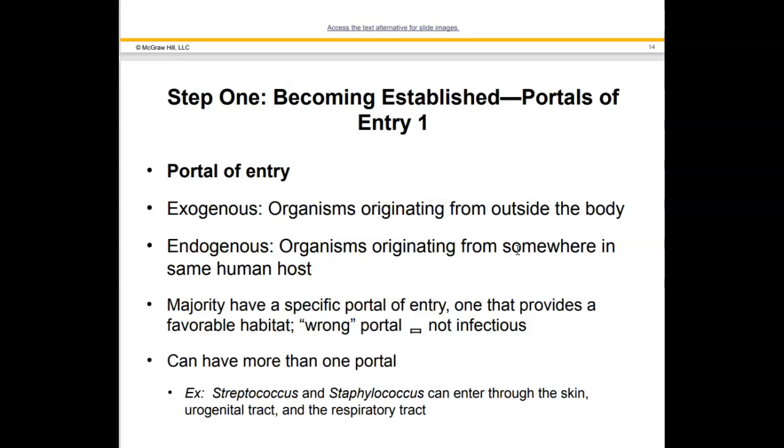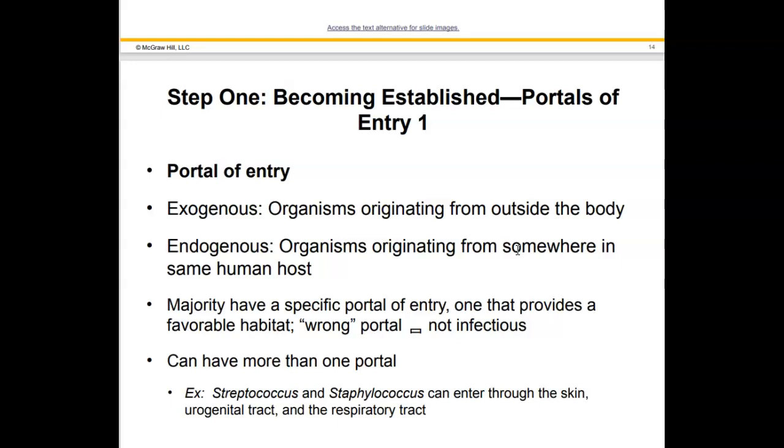So the portal of entry is often determined by how the pathogen is transmitted. So we have what's called the fecal oral route, where a pathogen could be shed in the stool and then enters the mouth of the next host.